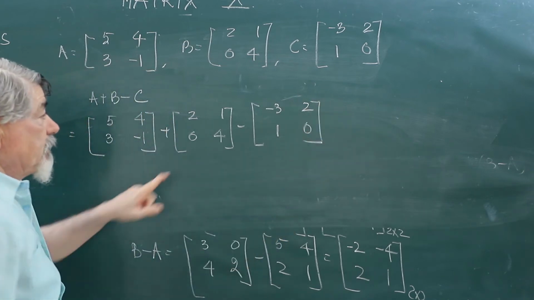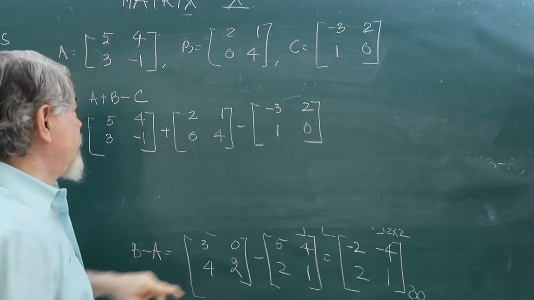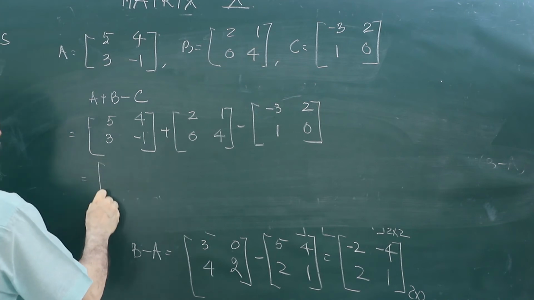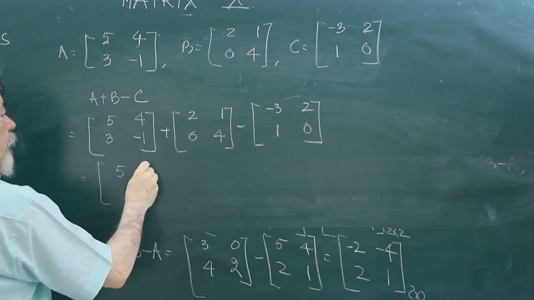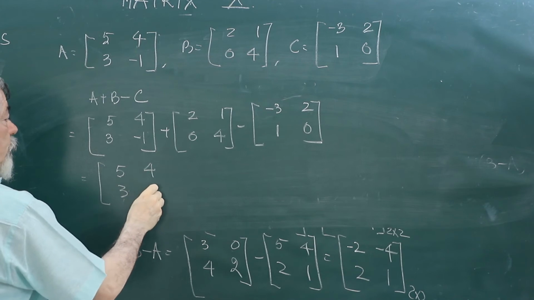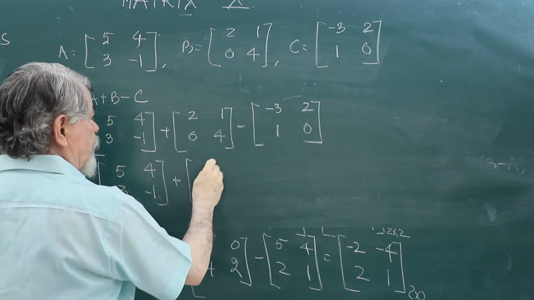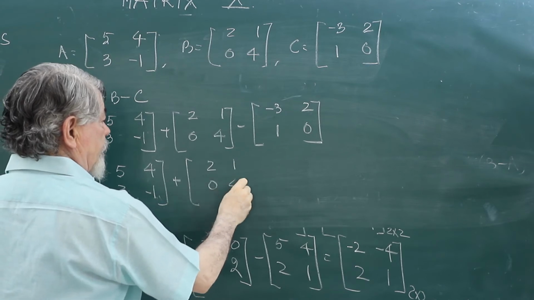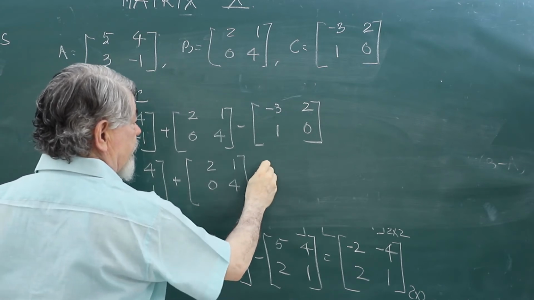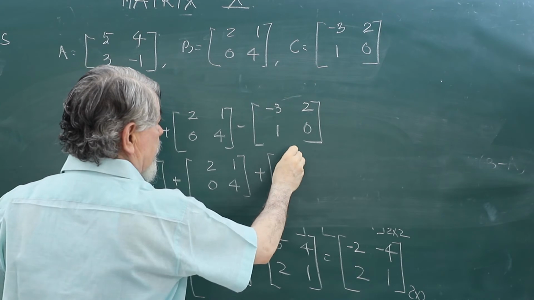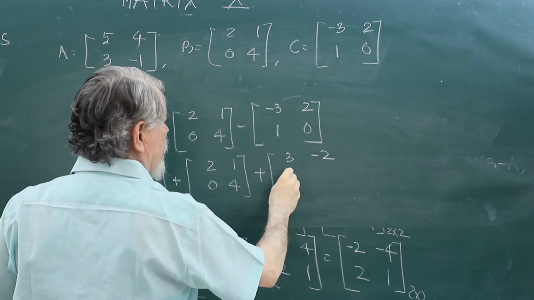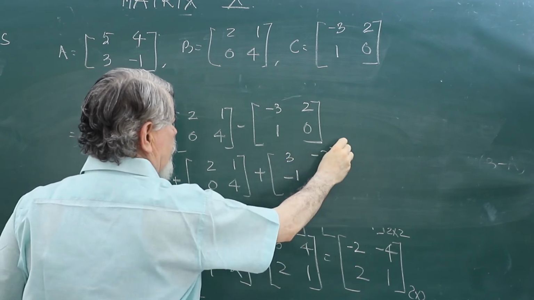Now what we do is, we again take the minus sign inside. You can do without that also, there is no issue in that, but it will be easier for you to do it that way. We will take the negative sign inside, make it plus 3, minus 2, minus 1 and 0.